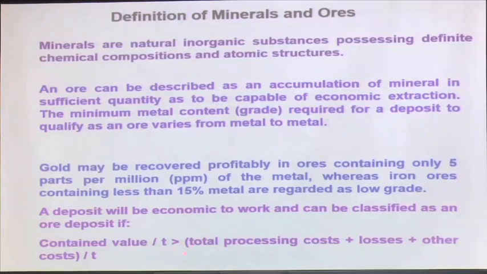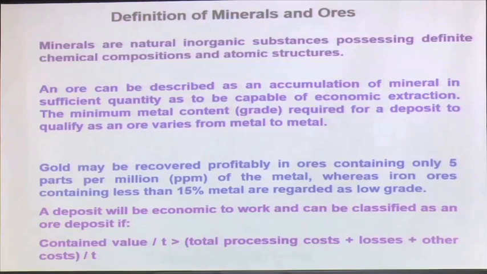If that is greater than the total processing cost, here process does not mean always mineral processing, it includes everything starting from your exploration, mining, mineral processing, extraction, everything, plus your losses, because when I try to extract 2.5 grams of gold from 1 ton of material, I cannot extract 100% of that, I will be losing some of the material.